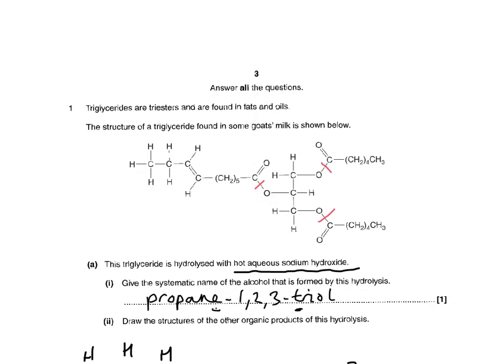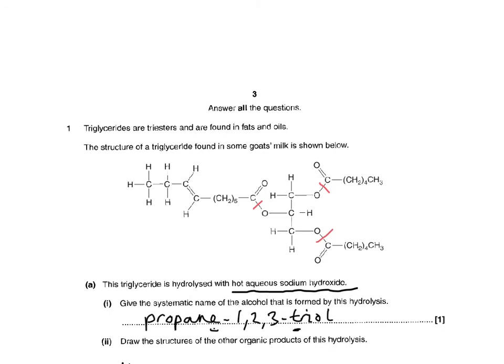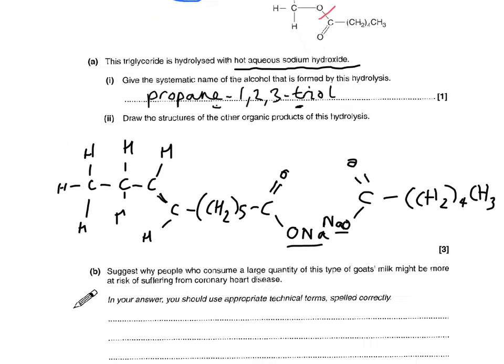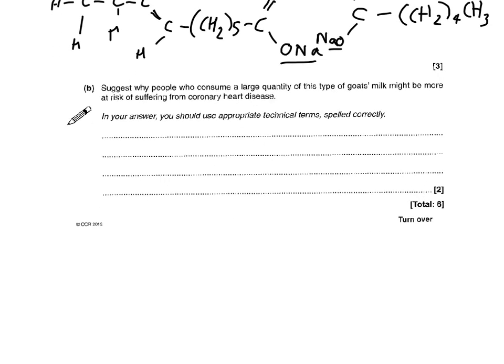So if I go all the way back up to here, you'll be able to see that this group here is a trans fatty acid. Our functional groups are on opposite sides of the carbon-carbon bond. So that's a key word, that it's trans fatty acids.